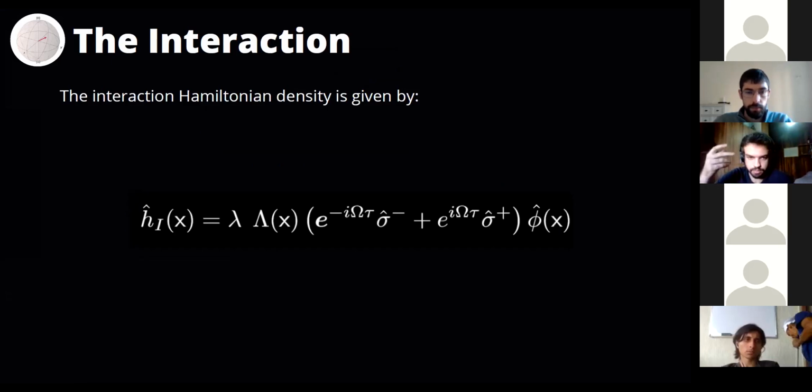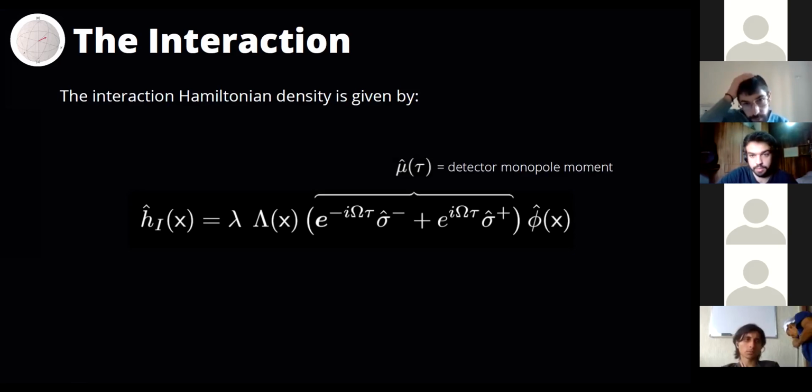And here we can identify the same essential elements that we had for the atom probing the electromagnetic field. But before that, this is the only particle detector model that we'll talk about here in which we can factor a detector monopole moment out of this interaction.